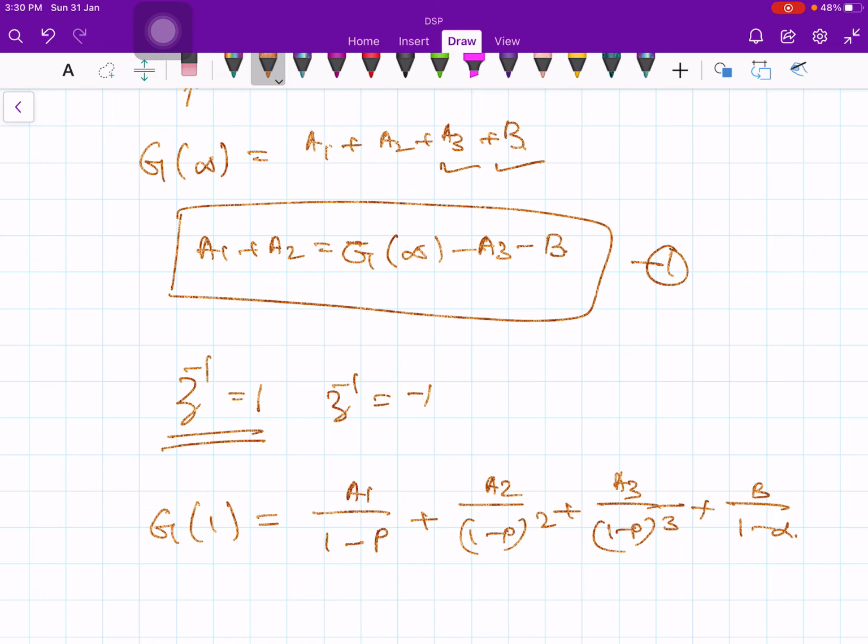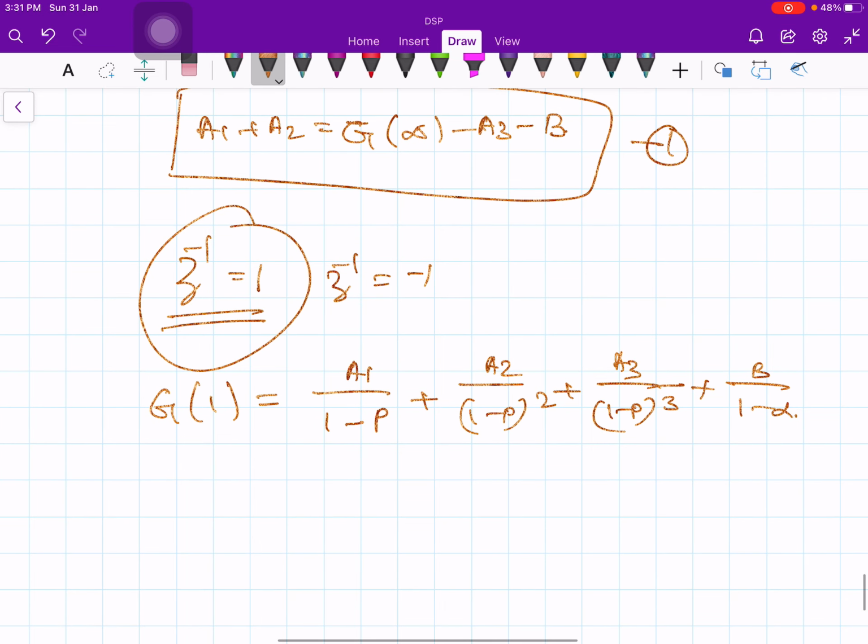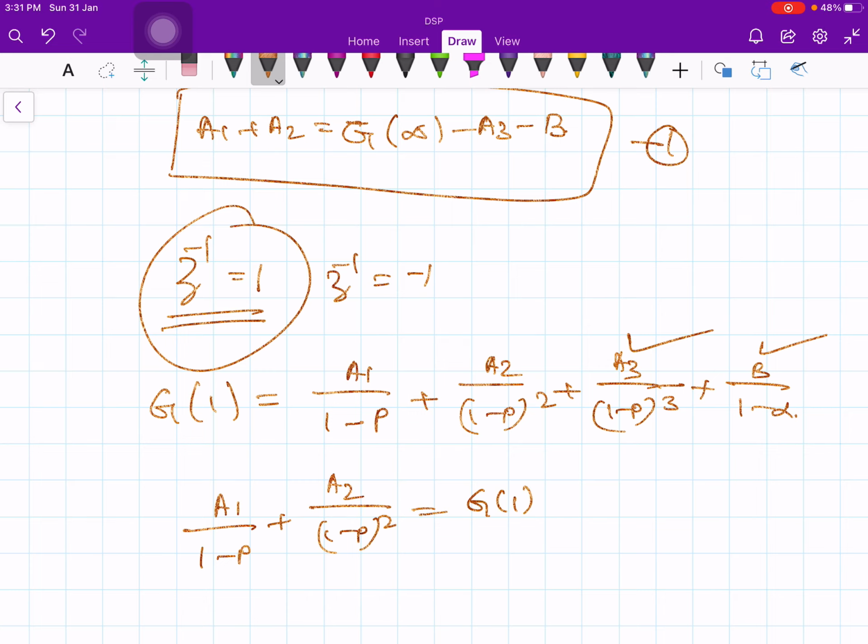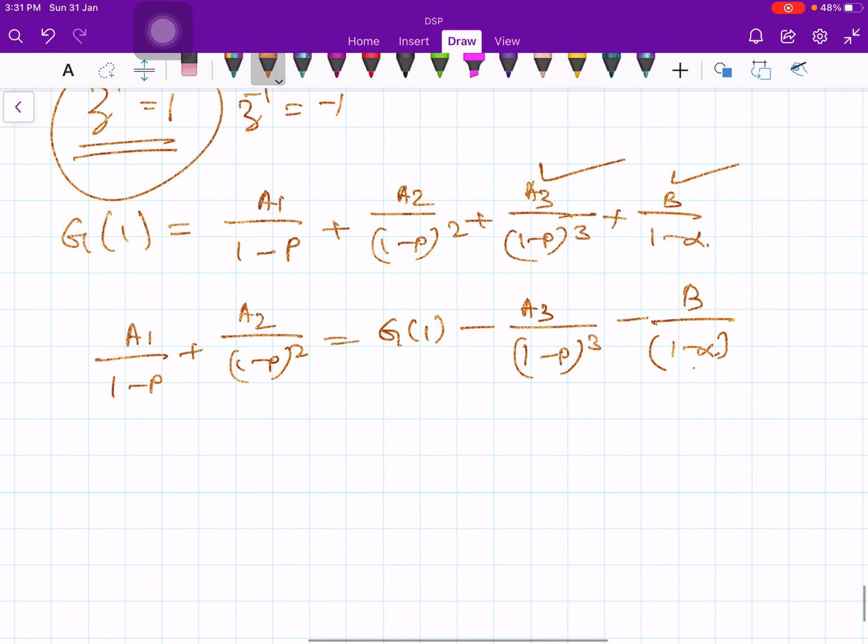Once again I get an equation in the two variables a1, a2, because a3 and b are known. Therefore, a1 divided by 1 minus p plus a2 divided by 1 minus p the whole squared is equal to G of 1 minus a3 divided by 1 minus p the whole cube minus b divided by 1 minus alpha. That's it. So this is my second linear equation.